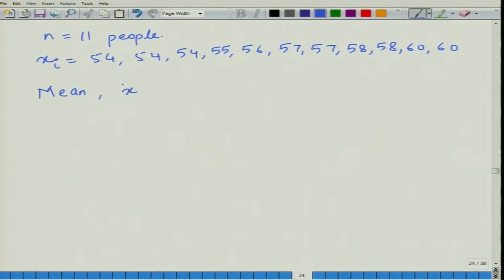The mean, shown by the symbol x bar, is given by the sum of the values, sum over xi, divided by the total number of values.